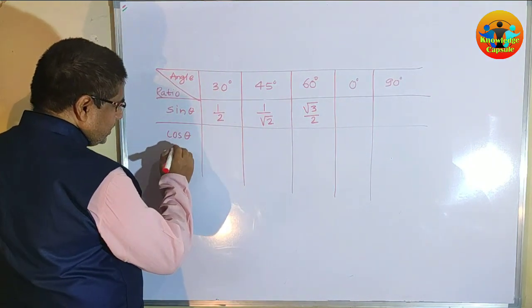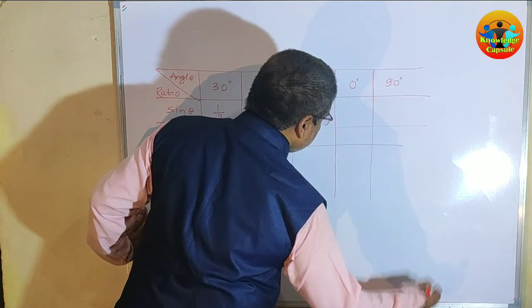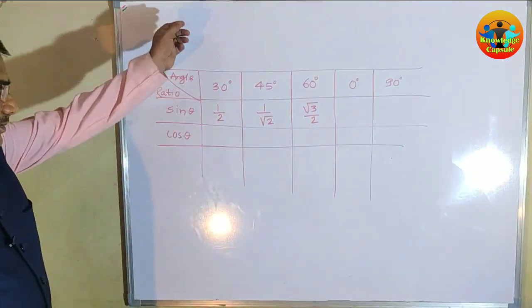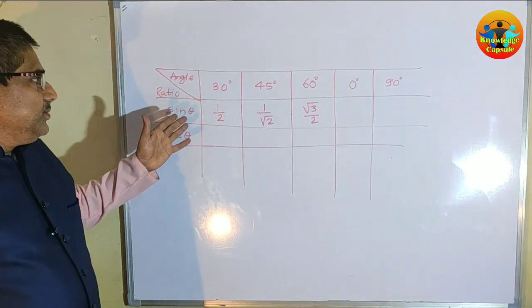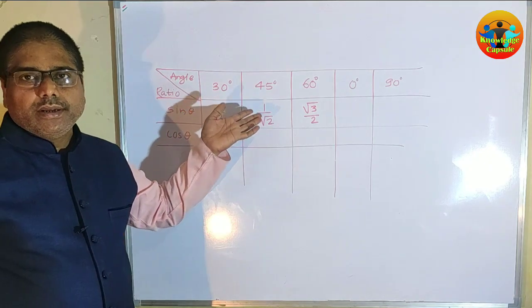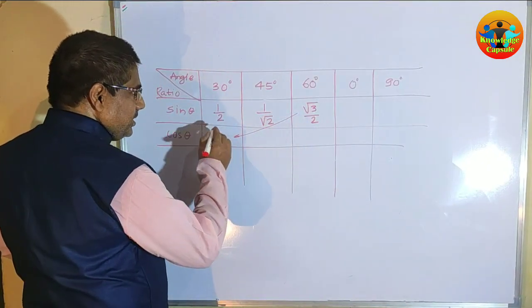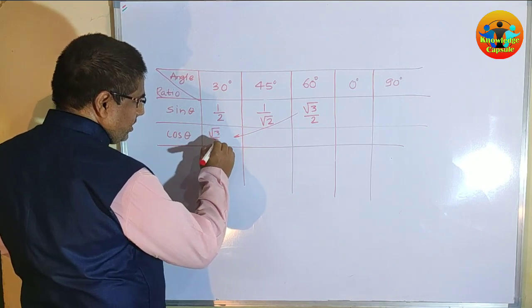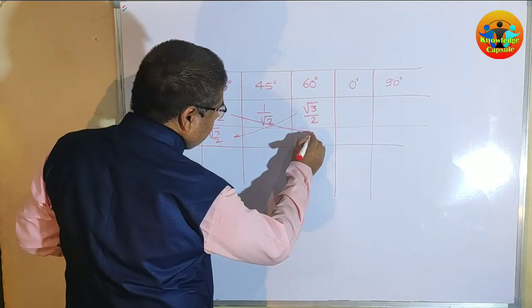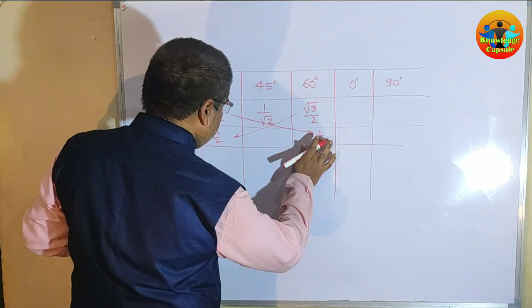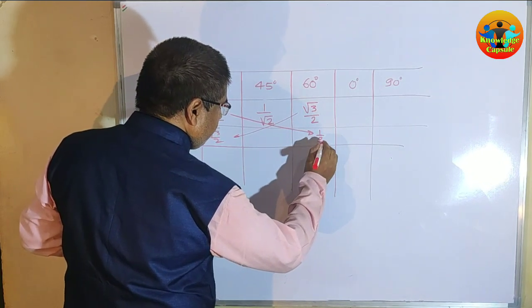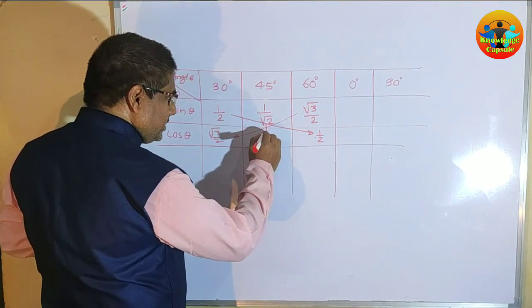Now let us take next ratio, cos theta. It is simple to write these values, that is cos 30, cos 45, cos 60. You transfer this value here, transfer this value here, and you carry this value as it is here.